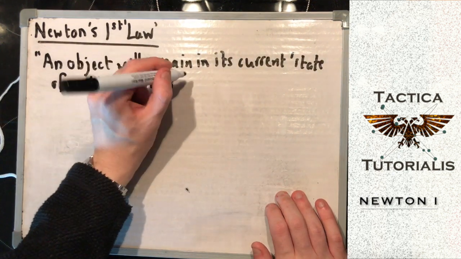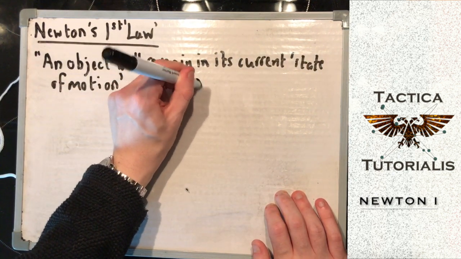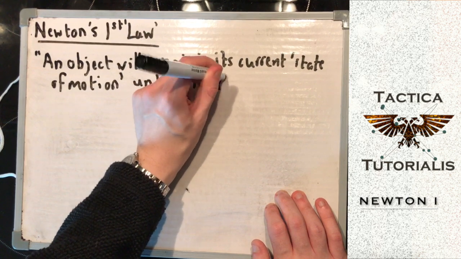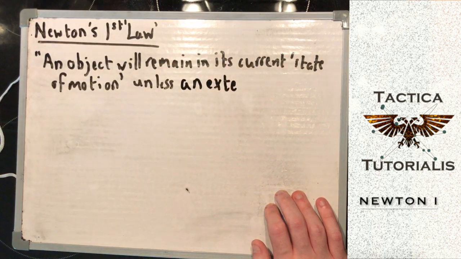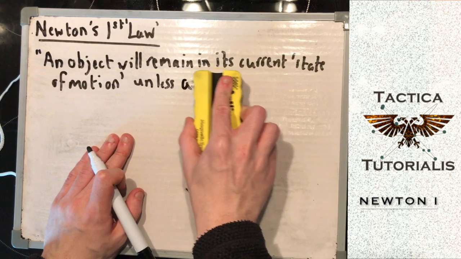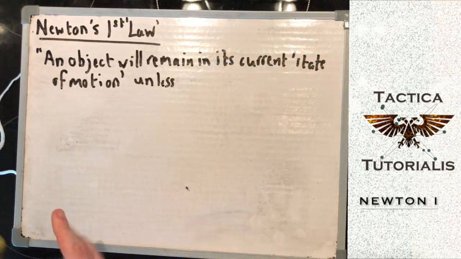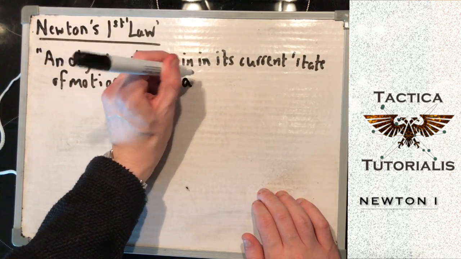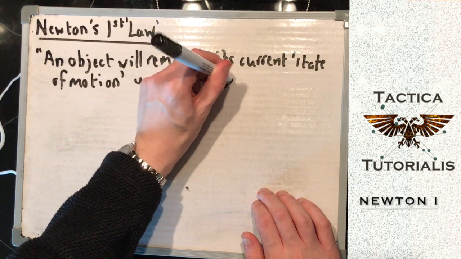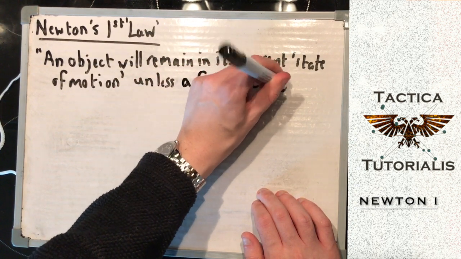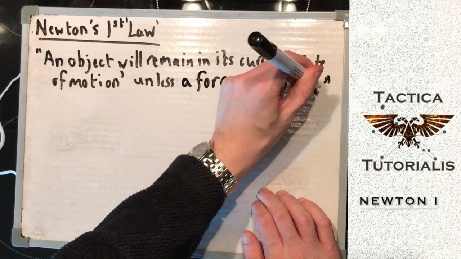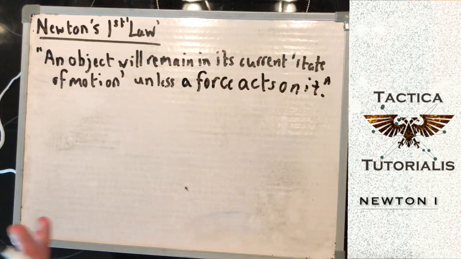So what we say is unless an external force, actually no, not an external force, that's being a bit too picky. So we'll be a bit more general and say unless a force acts on it. And that's the quote. An object will remain in its current state of motion unless a force acts on it.